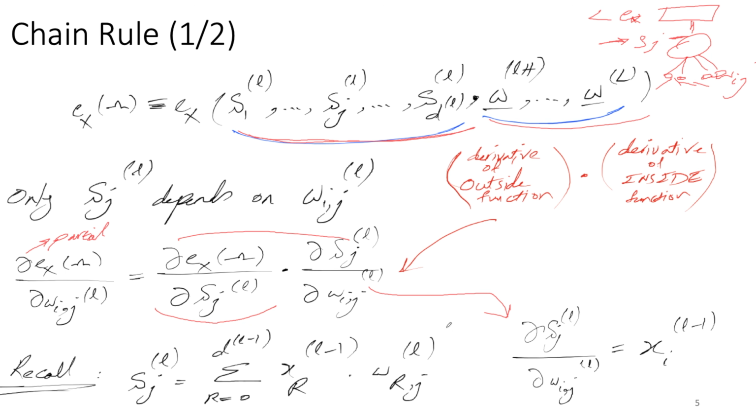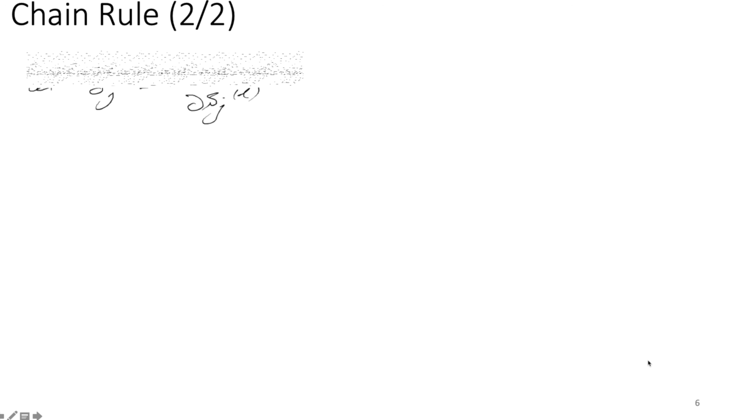Okay, so now we arrive at a point where we know at a high level what the partial Sj of L divided by partial Wij's is. And we found that if you want to change this, you have to go inside, and for all of those xi's of the previous layer, we defined a delta j of L equal to the first value of our chain rule.